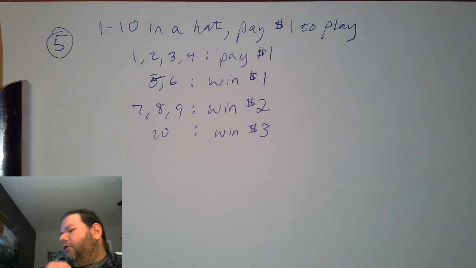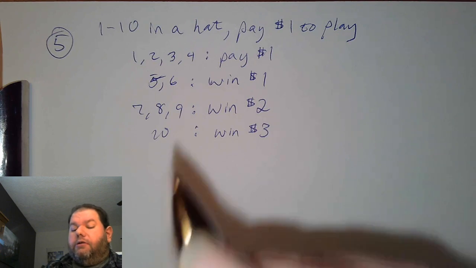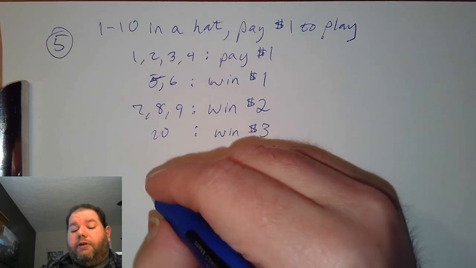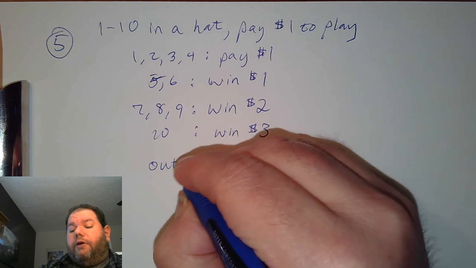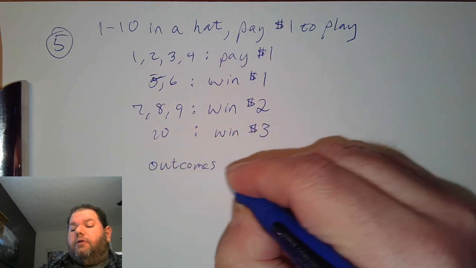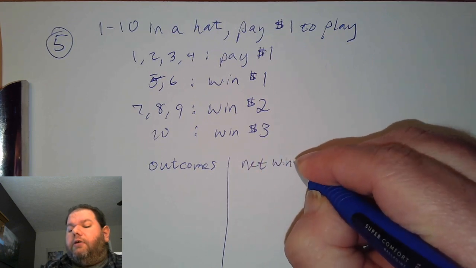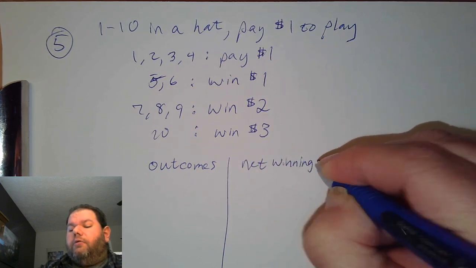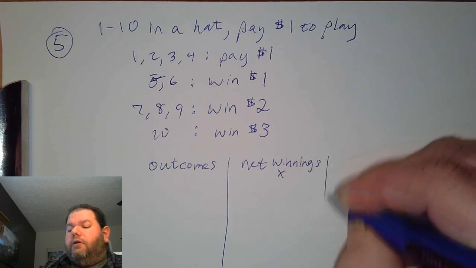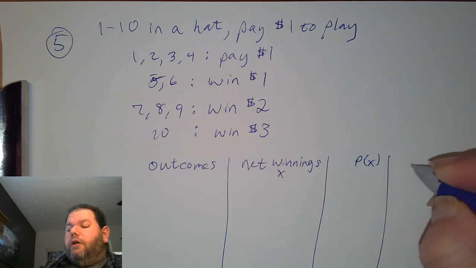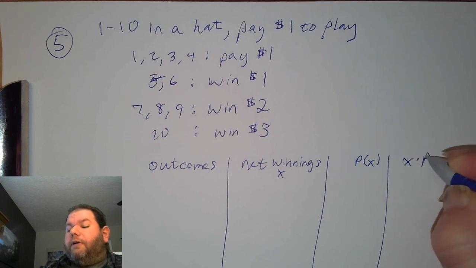And the way I have this set up on the actual exam is what I've done is we have 4 columns like we did in class. We have outcomes, we have net winnings, which is x, we have p of x, and we have x times p of x.